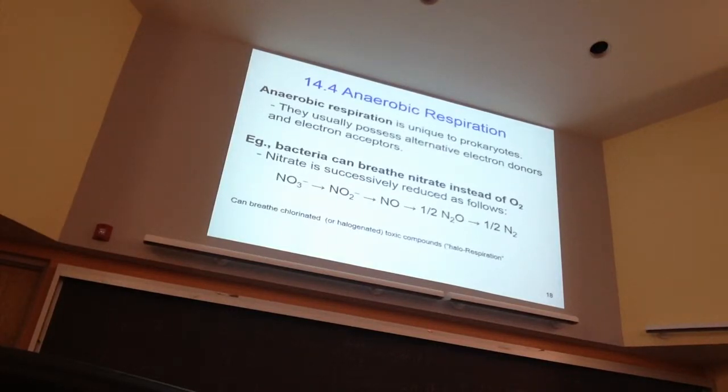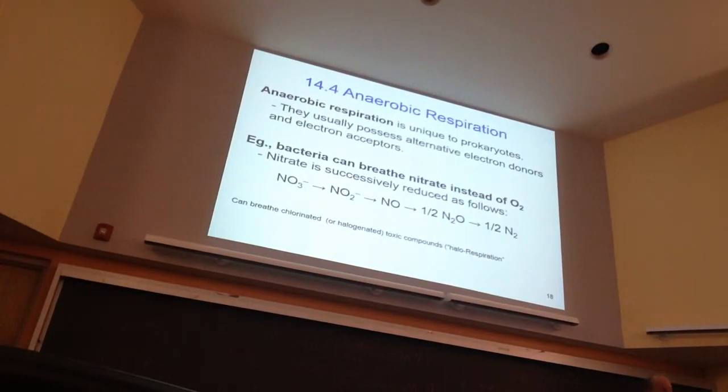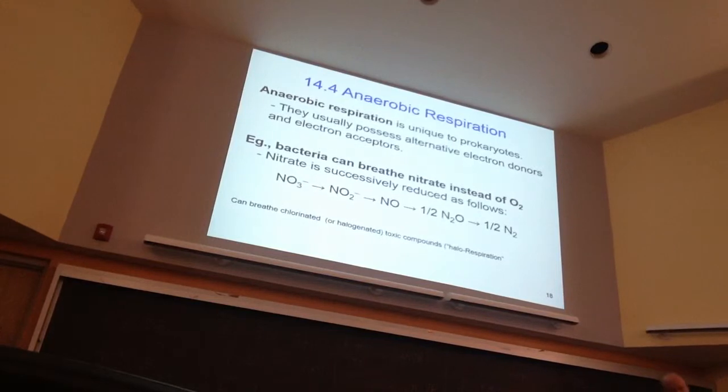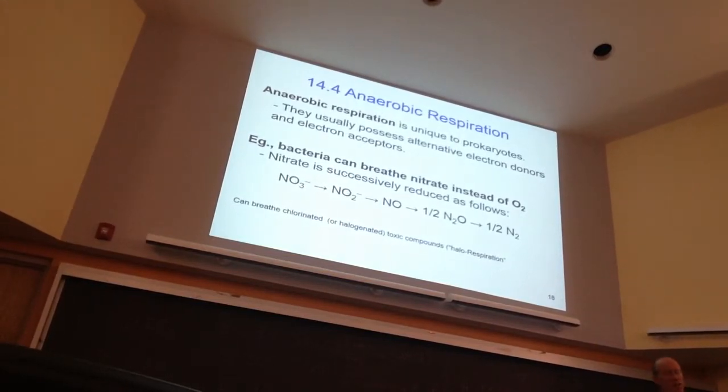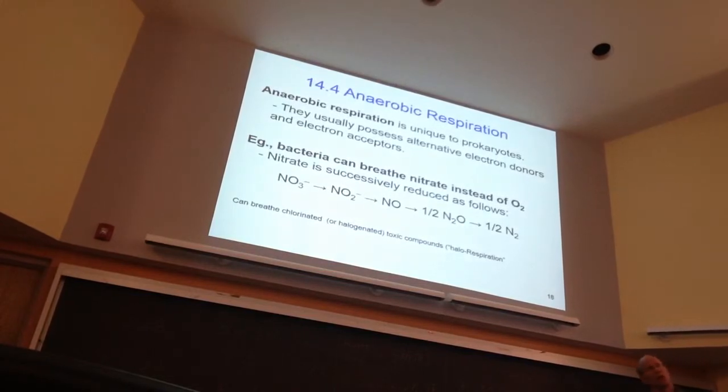So there's a huge array of compounds that organisms can use alternatively to oxygen to dump electrons as their final electron acceptor. So nitrate, carbon tetrachloride, sulfate, iron are 4 alternate electron acceptors where you can run respiration, run electron transport, and those are the final electron acceptors. Iron, nitrate, carbon tetrachloride, sulfate.